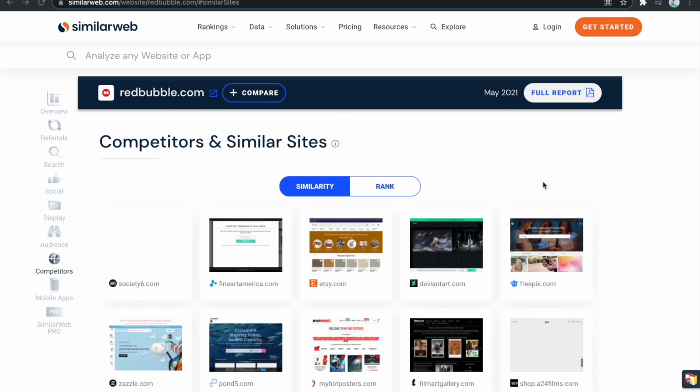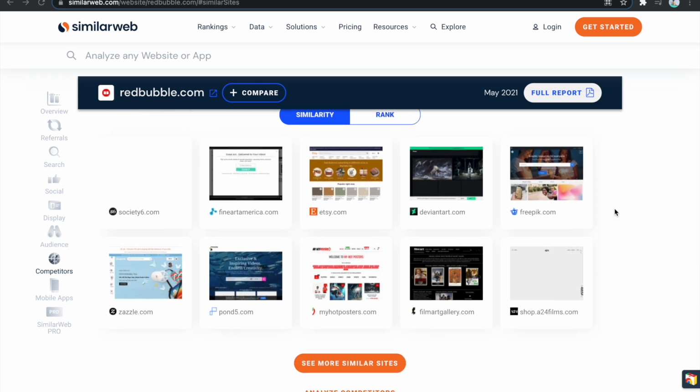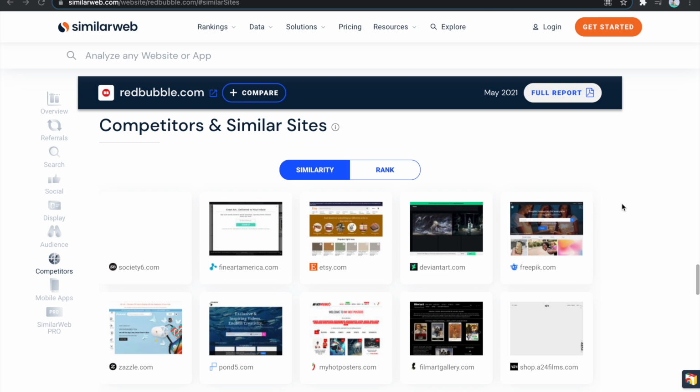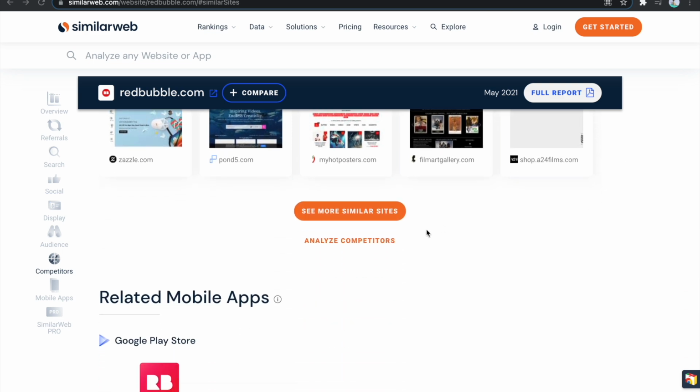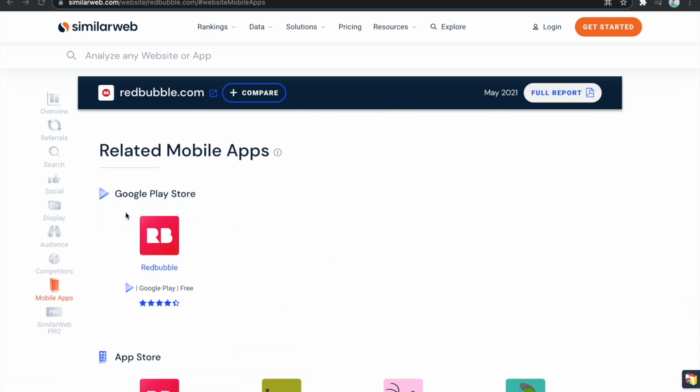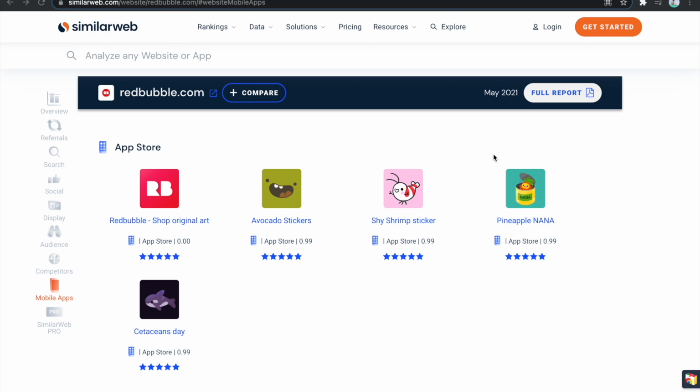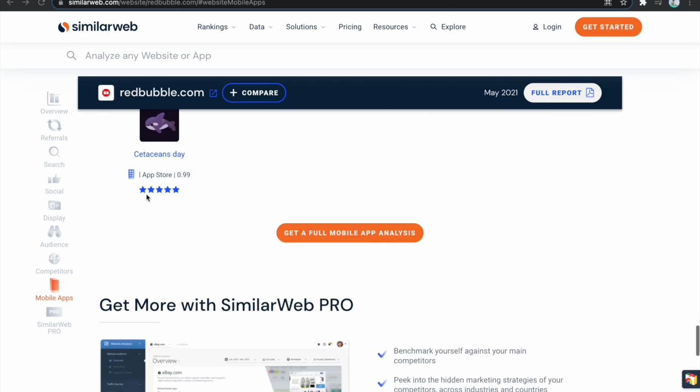We also have a bigger number of competitors here, with websites like Fine Art America, Society6, Zazzle, Pond5, My Hot Posters, Film Art Gallery, Shop A24 Films, DeviantArt, and Freepik as websites that are similar to Redbubble in terms of this platform. You also have information about whether this website has an app and how it's ranked on Google, as well as other apps in the App Store that relate to this app.